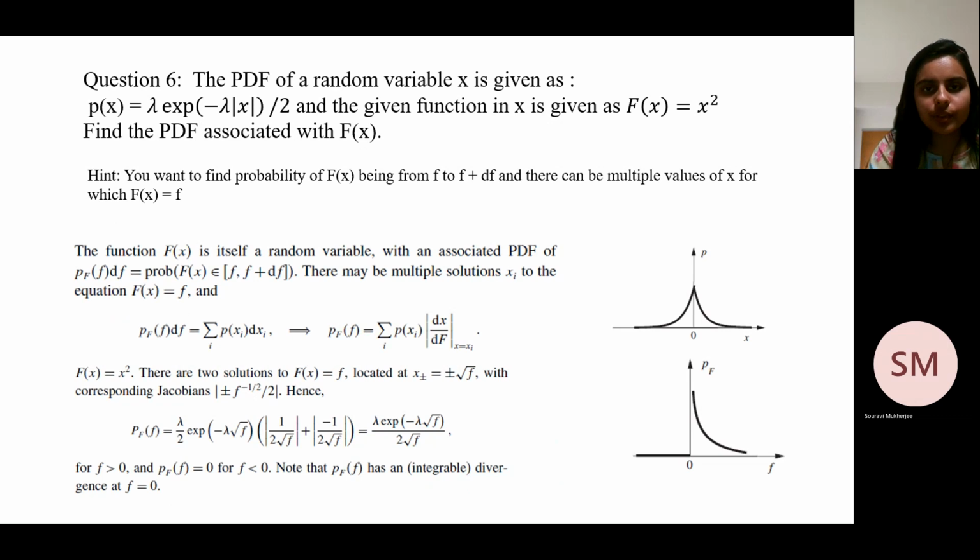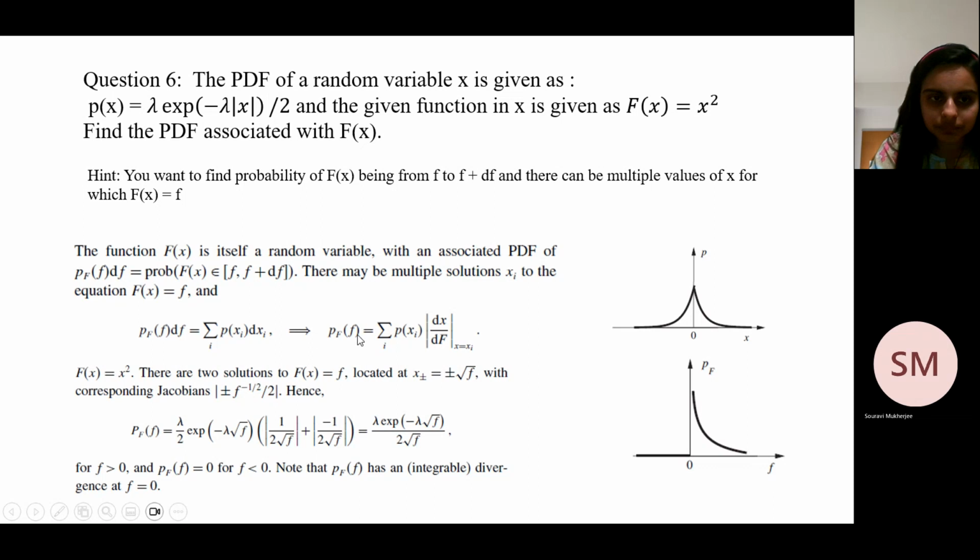And then we saw that this was an important thing to remember: given the probability density function for some random variable x, how do we find the probability density function for some function of x? So here what was important to understand is that there can be multiple values of x that can give rise to the same value of the function. So if you want to find the probability density of f(x), that means you want to find the probability that f(x) lies between f and f plus df. Now for one value of f, there can be multiple values of x that give you the same value of the function.